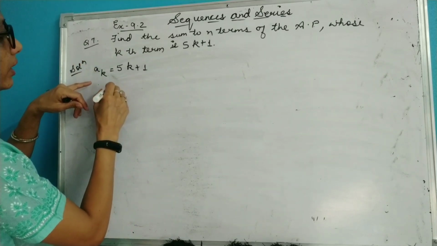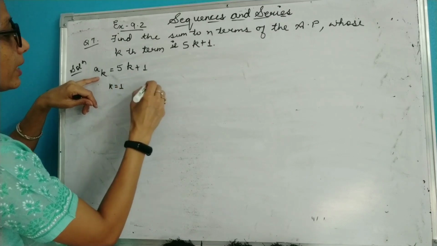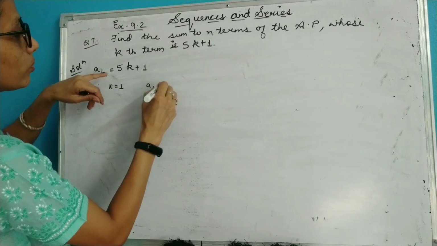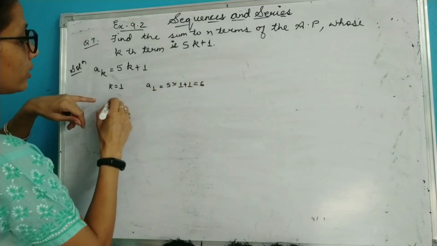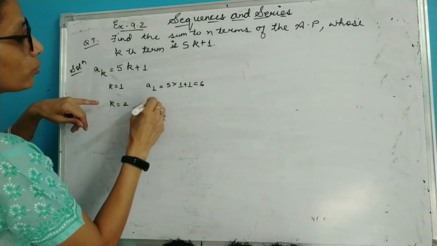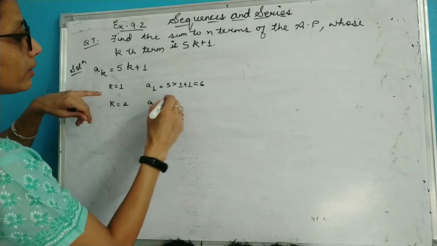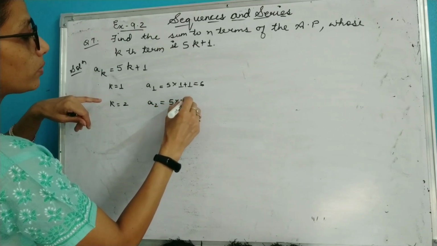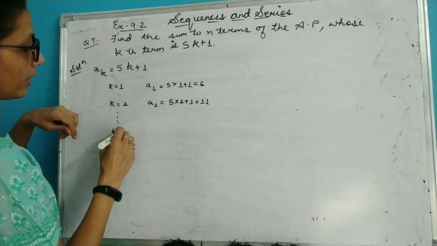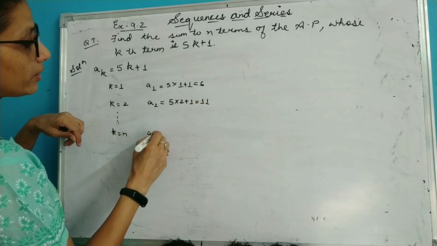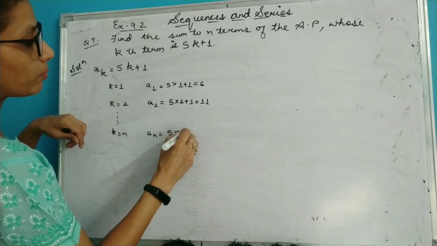So if I take k equal to 1, then I get a1 equal to 5 into 1 plus 1, which is equal to 6. If I put k equal to 2, then I get my second term, which is 5 into 2 plus 1, which is 11. Similarly, I can get my nth term as an equal to 5n plus 1.